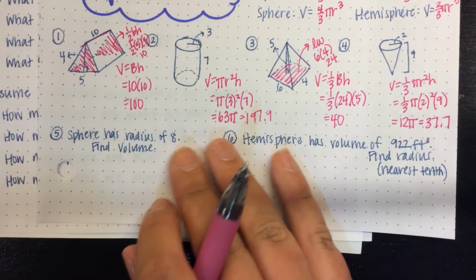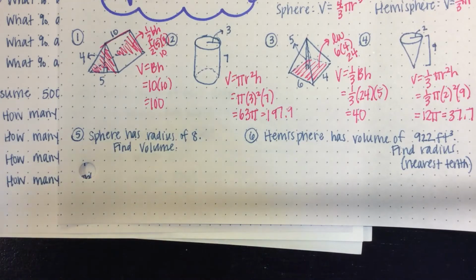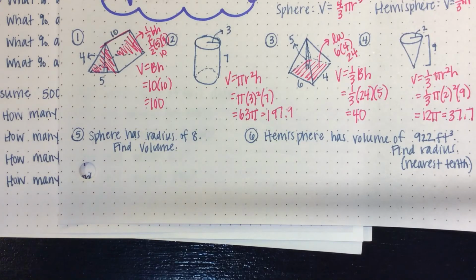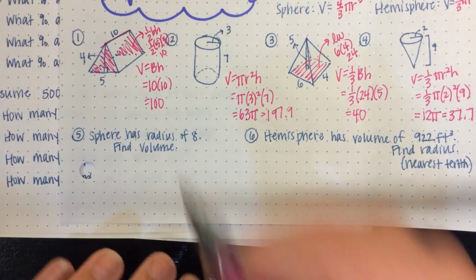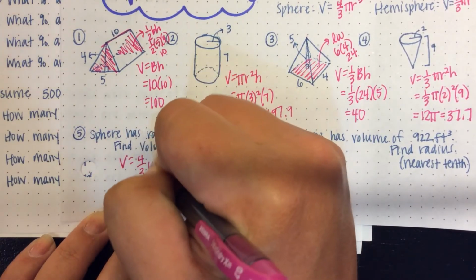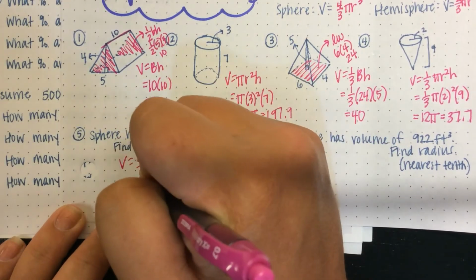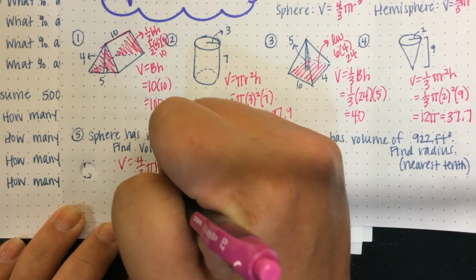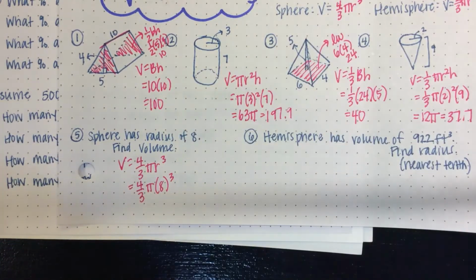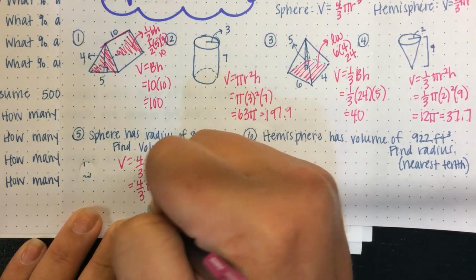Okay. Now the sphere questions, right? I didn't draw a sphere. Just going to give you a description. So this one says that the sphere has a radius of 8, and I want to find the volume. Well, to find the volume of a sphere, all I need is the radius. So we have 4/3 pi r cubed. So I'm going to say 4/3 times pi times 8 cubed, right? And then 8 cubed is 512, and 512 times 4 is 2048.